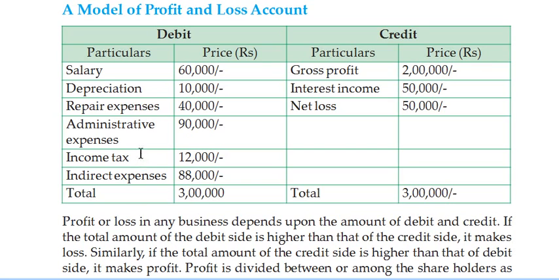Similarly, income tax that you have to pay to the government. Then indirect expenses, so miscellaneous expenses. Various small expenses in a business will be counted as indirect or miscellaneous expenses. That will also be included in the debit account.